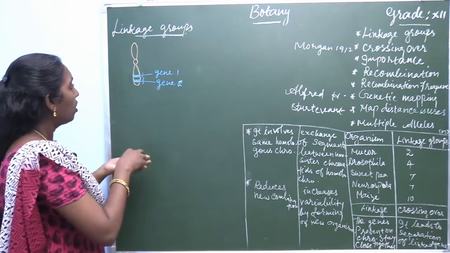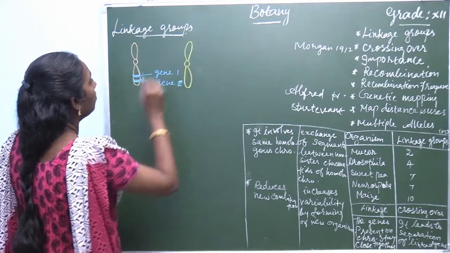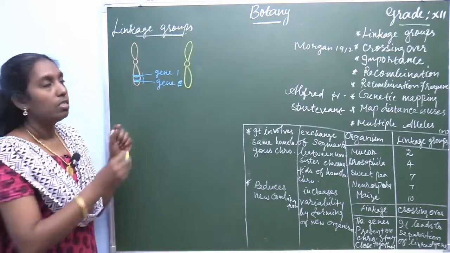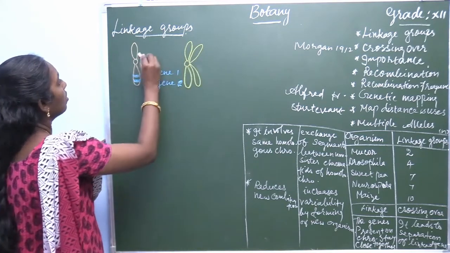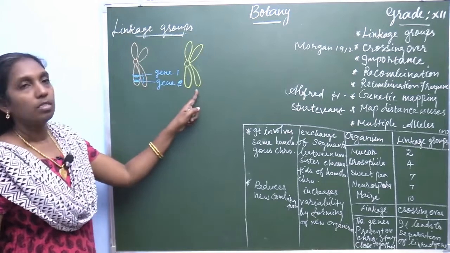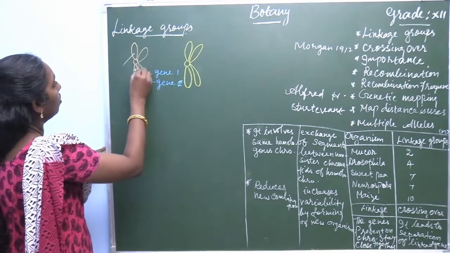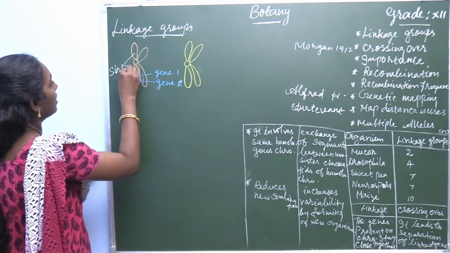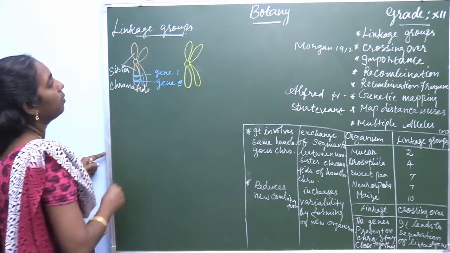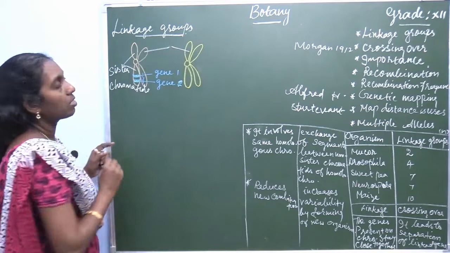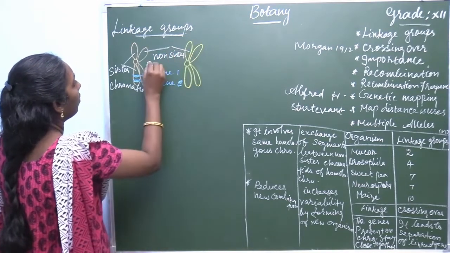This is one chromosome and this is another chromosome, a homologous chromosome. These chromatids are known as sister chromatids, but these two chromatids are called non-sister chromatids.